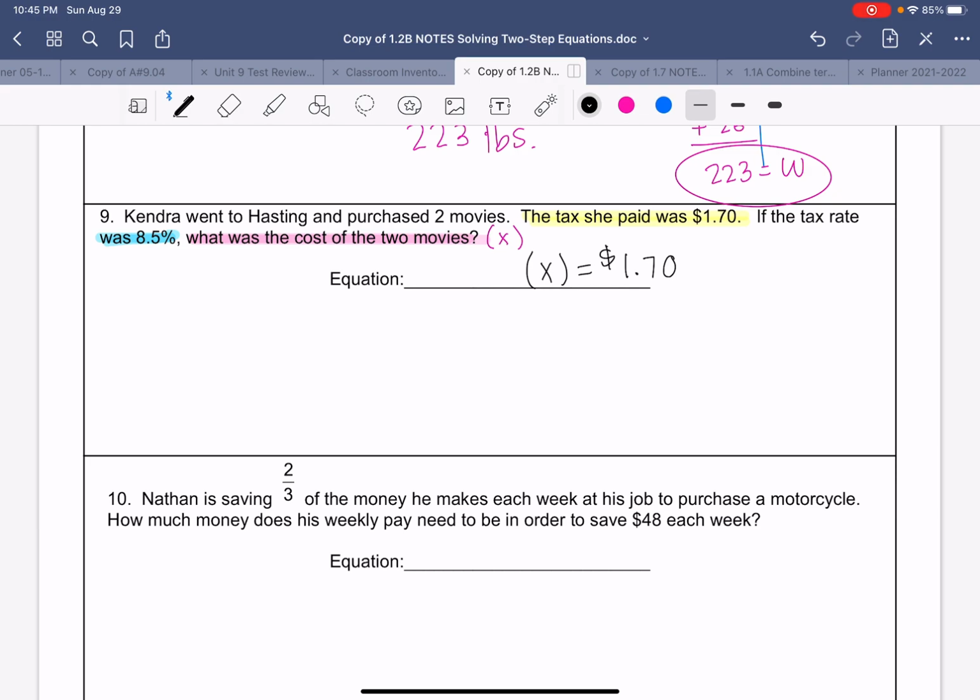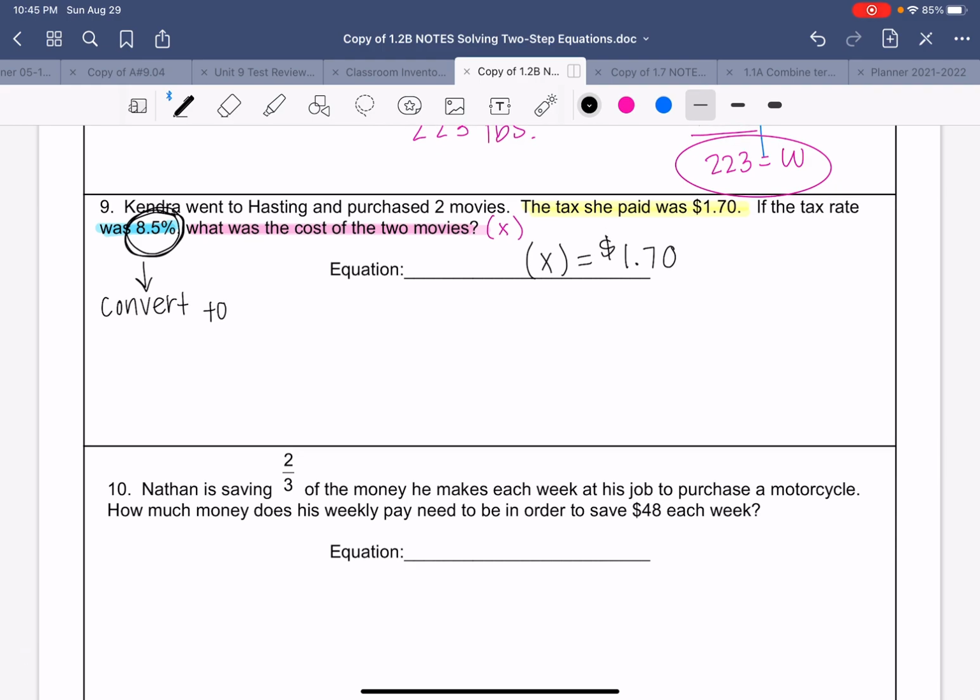But here's the thing. When we are multiplying or dividing or adding or subtracting a percent, we must convert it to a decimal. And how you do that is put that percent over 100, put it in your calculator, and you should get 0.085.